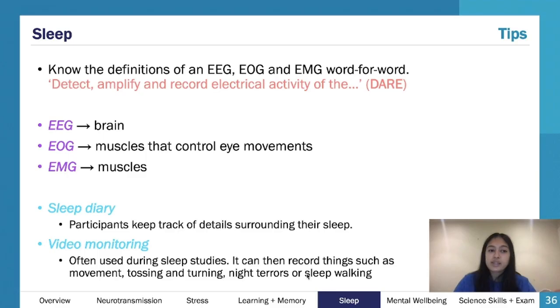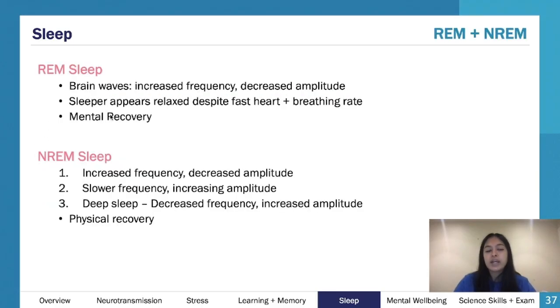Remembering that these would show up on an EEG. In REM sleep, the brainwaves that show up on your EEG are a little bit faster and a little bit shorter. So increased frequency, decreased amplitude. And that tells us that the brain is working a little bit more. So that's why you associate REM sleep with brain activity and mental recovery of the day, your brain replenishing.